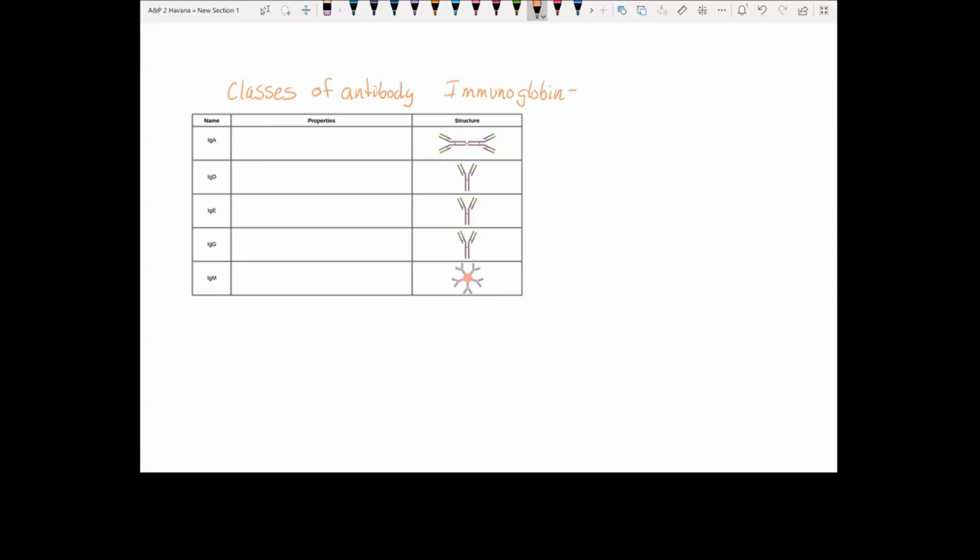This just means it's a protein of the immune system. So that's what an antibody is. It's a protein of immunity. So it's an immunoglobulin. So that's why these say IgA, IgD, and so on. These are the classes of antibody.